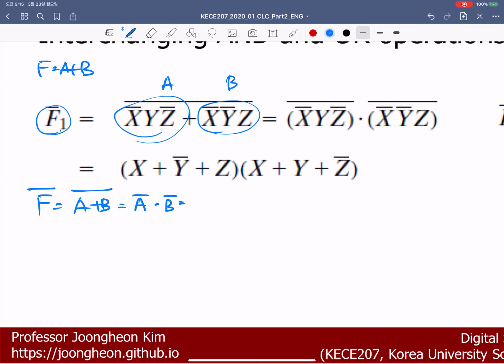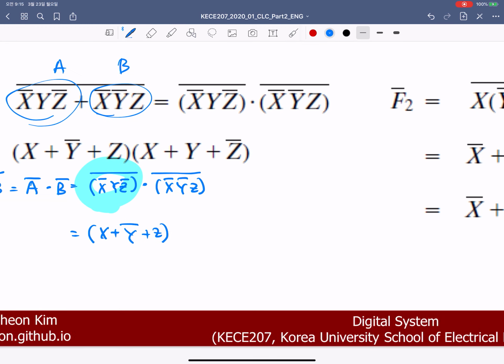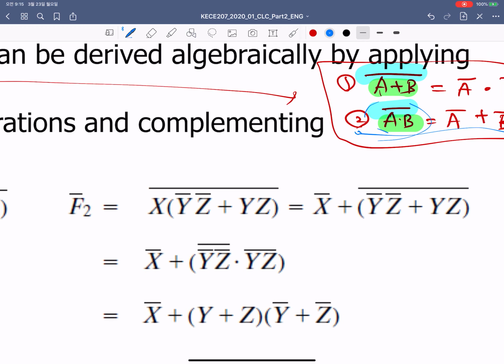So now you have x bar y bar g bar dot x bar y bar g bar, right? And then you can use De Morgan's rule here again, and this becomes x plus y bar plus g, as you can see in number 2 of De Morgan's rule. And then the multiplication, this becomes x plus y plus g bar, and that's it. Okay, so this is by the second rule of De Morgan's theorem.